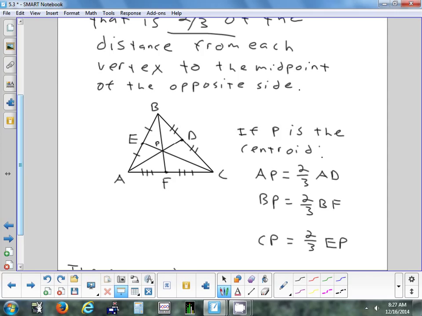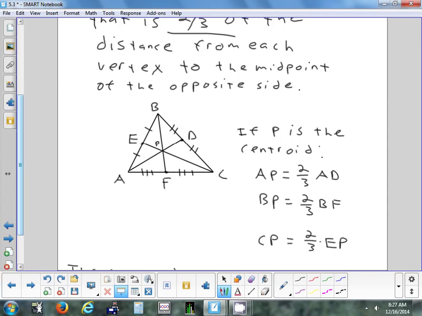I could have written that too, but I didn't write DP. Let's look at BP. BP is 2/3 of segment BF. It's 2/3 of the way from B to F. And then CP is 2/3 of the segment CE. And that's exactly what I wrote. CP is 2/3 of EP.